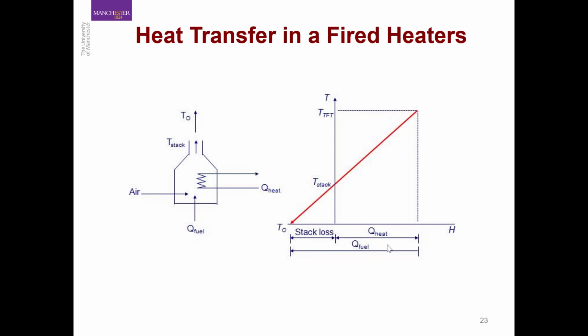The efficiency of your furnace depends on a couple of things. It depends on the type of fuel that you are supplying, the amount of air you are supplying, the temperature of the air, and how much heat you are taking out of the flue gas. So let's talk about some of these parameters in the next slide.